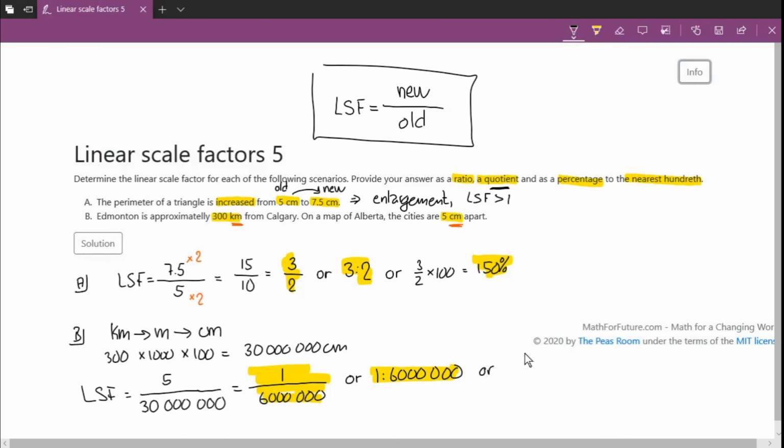So it's going to be 1 over 6 million. We do the division, and then we multiply by 100. And that's going to give us 0.00017%.